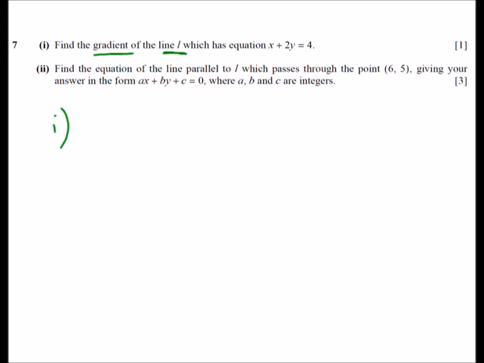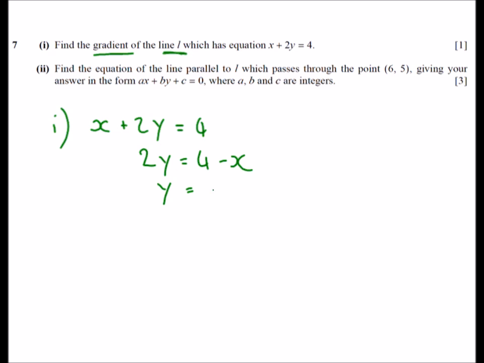Part I, x plus 2y equals 4. I'm going to rearrange it into the form y equals mx plus c. So I'm going to say 2y equals 4, take away x. So y equals, and now I'm going to divide everything through by 2. Now I'm going to put the minus x first. I don't normally like having minuses at the start, but it makes it nice and clear if we put it into the form y equals mx plus c.